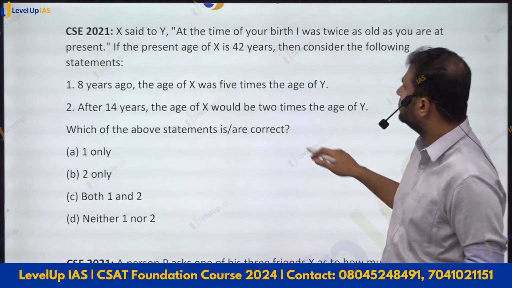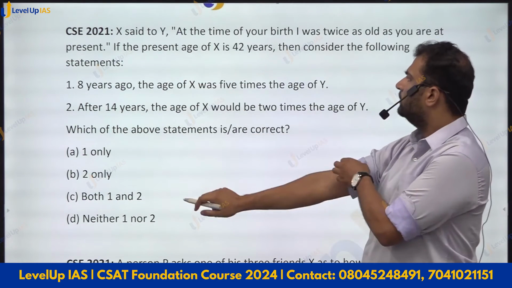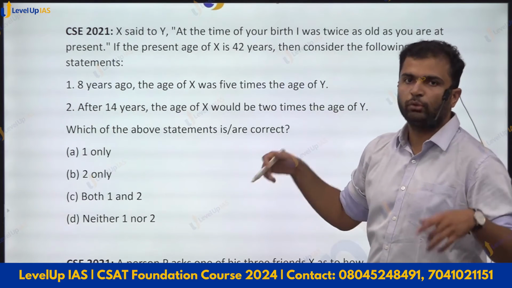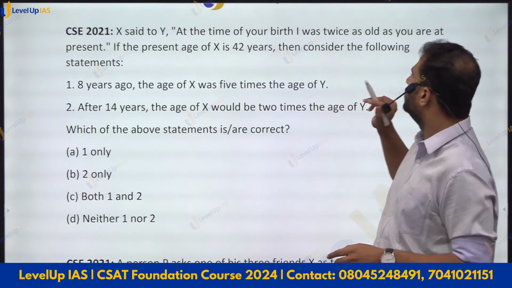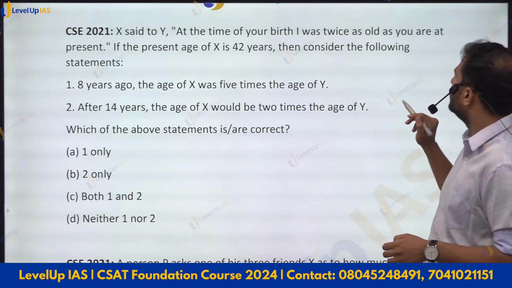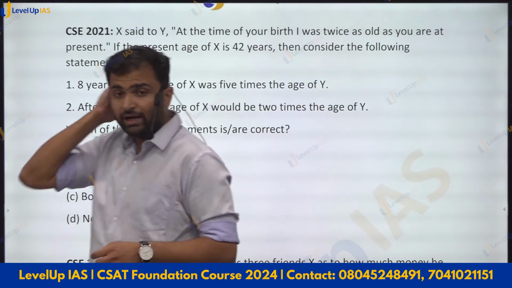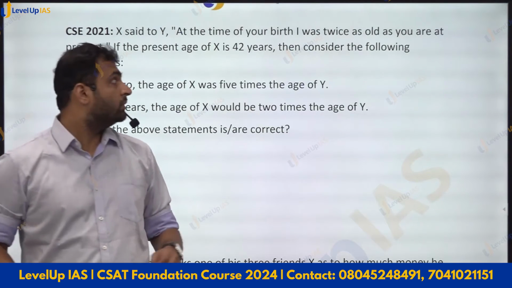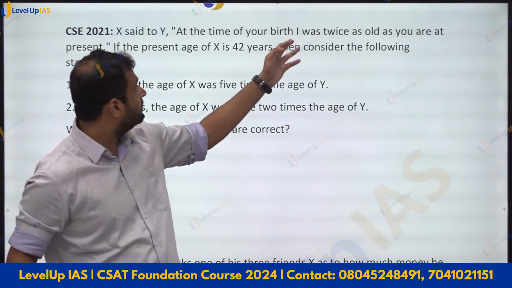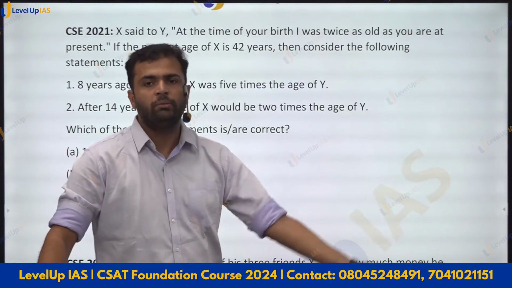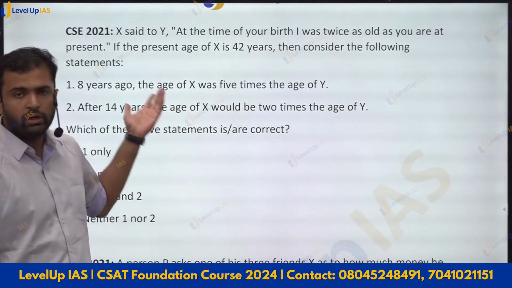So what do we have? The first statement: the present age of X is X and the present age of Y is Y. At the time of your birth I was twice as old as you are right now. Fine. So at the time of your birth means Y's birth. Y is of course smaller. Y is maybe a kid and X is an older person.